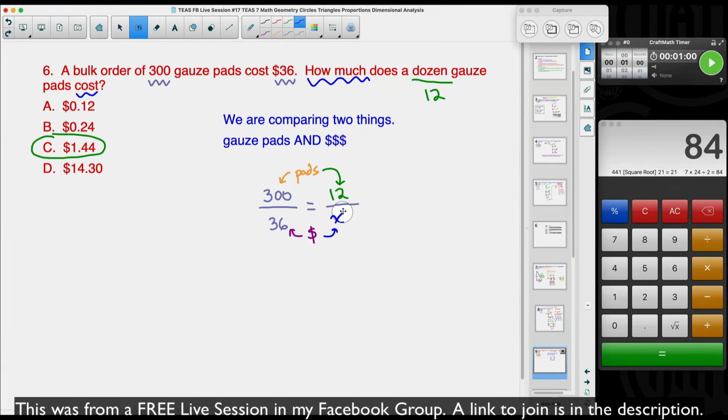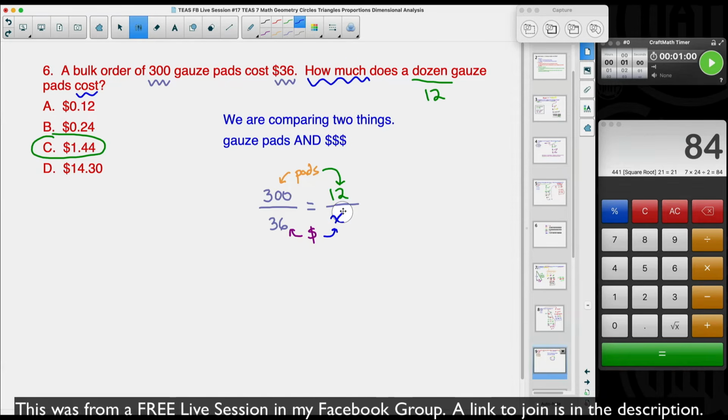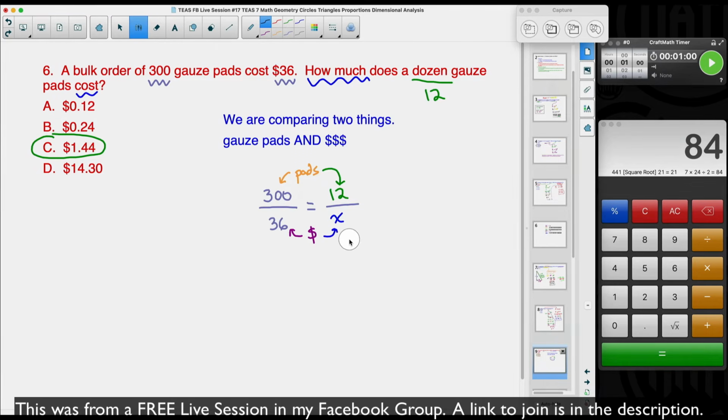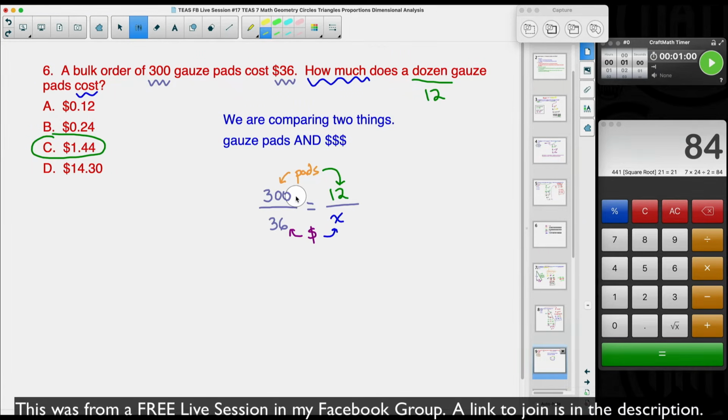Now, let me show y'all the long-winded way of solving this, and then I want to go ahead and show all 70 plus of you how you can do this a little bit quicker to get back a few precious seconds on that test. Now, cross-multiplying is the common way to solve proportions. So, cross-multiplying, it does not matter which ones you cross-multiply first. I'm just going to do these two.